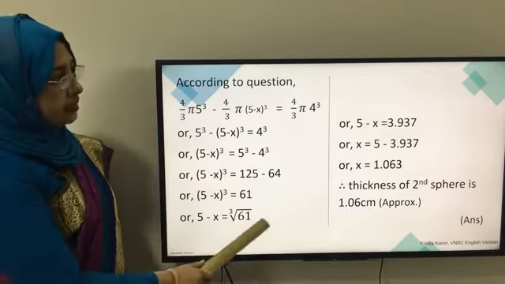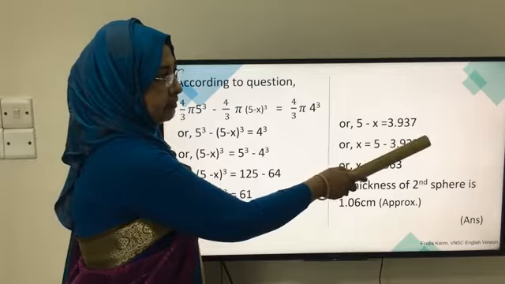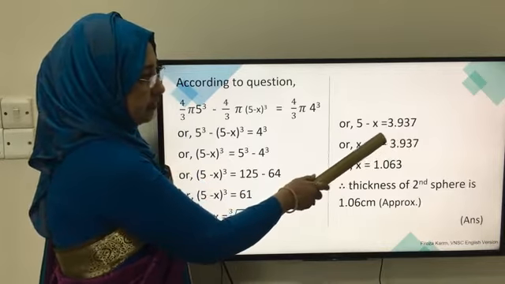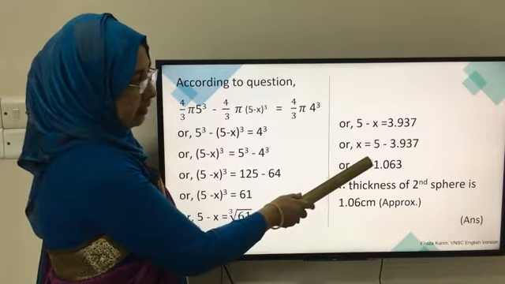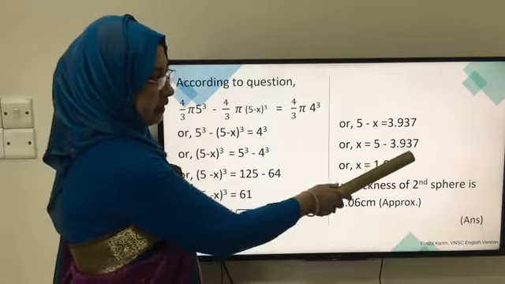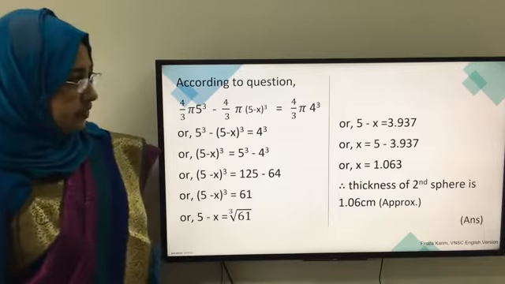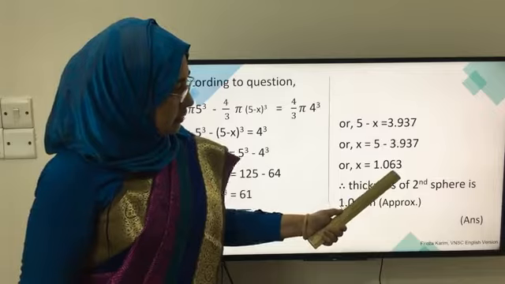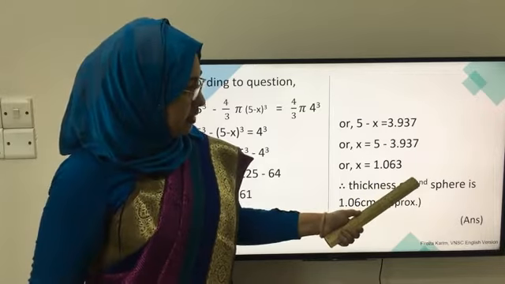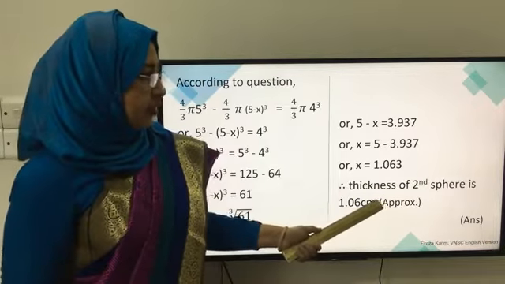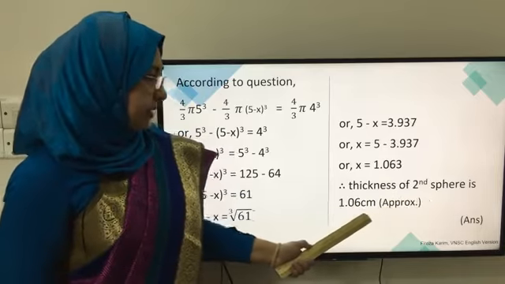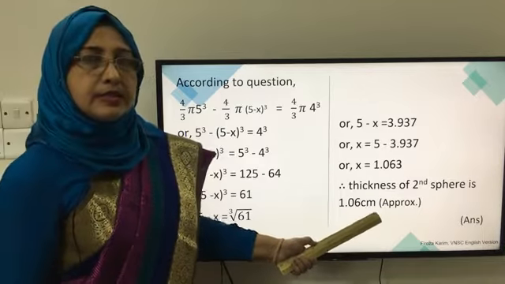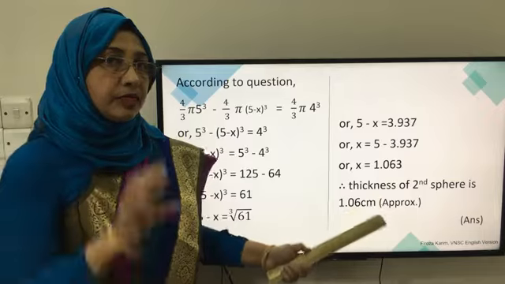Cubic root of 61 is equal to 3.937. So what will be the value of x? x will be 5 minus 3.937, which is equal to 1.063. So the thickness of the second sphere will be 1.06 centimeter. That is the thickness of the hollow sphere.